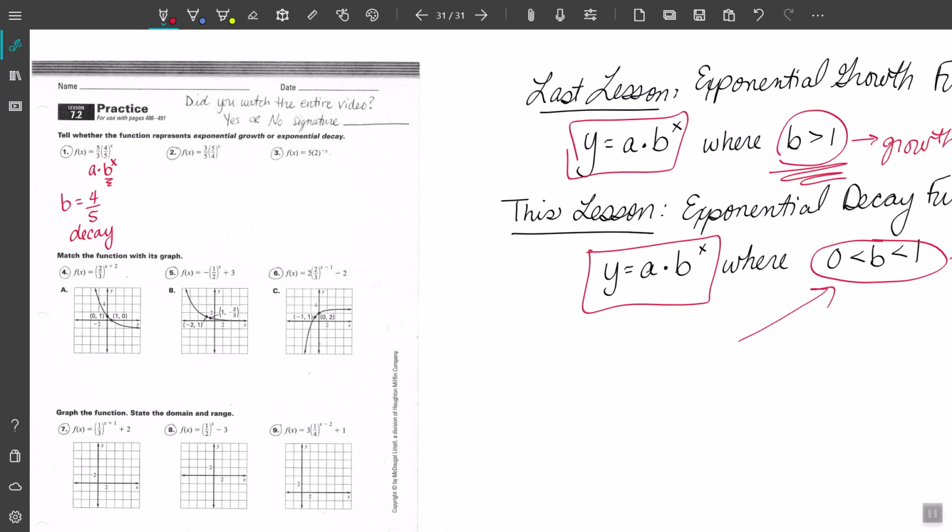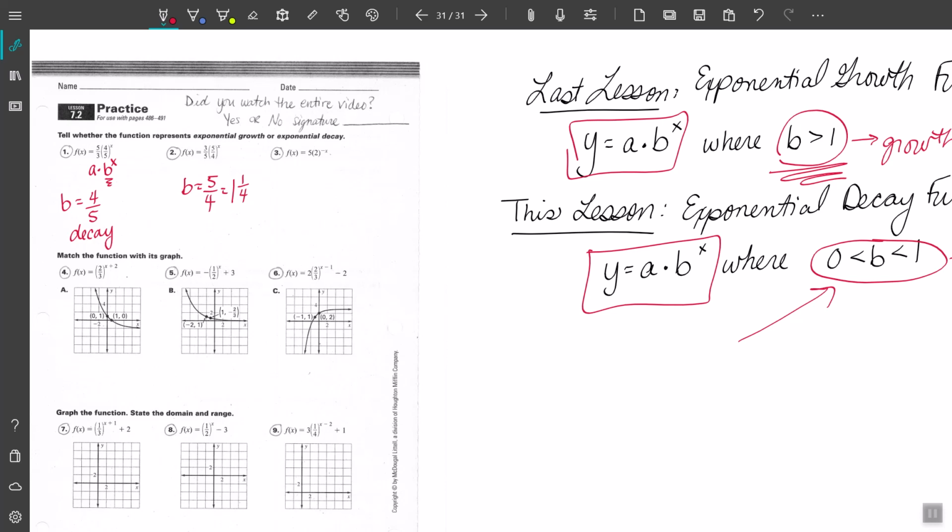On number 2, once again, we've got an a factor of 3/5. We have a b of 5/4. So our b is what's being raised to the x exponent, and it's a b of 5/4. Now, that is a fraction. However, it is not less than 1. 5/4, if we turned it into a mixed number, would be 1 and 1/4. We don't have to do that.